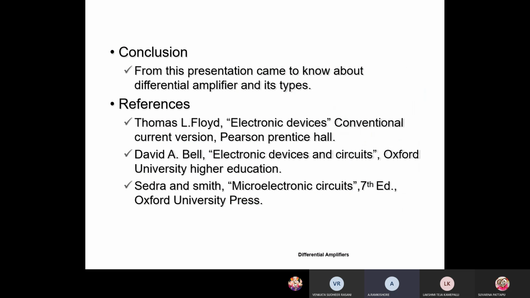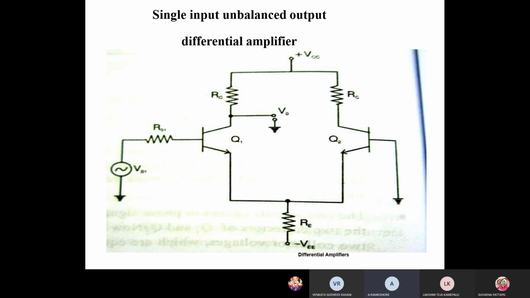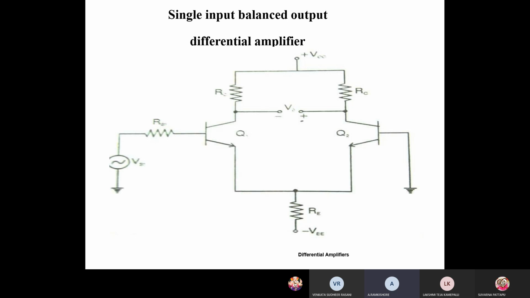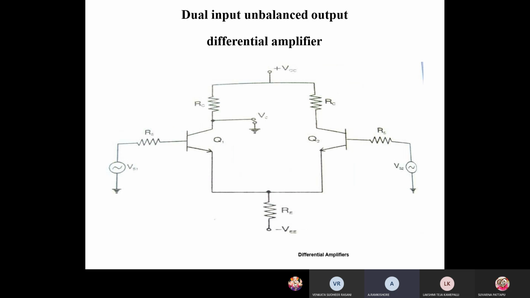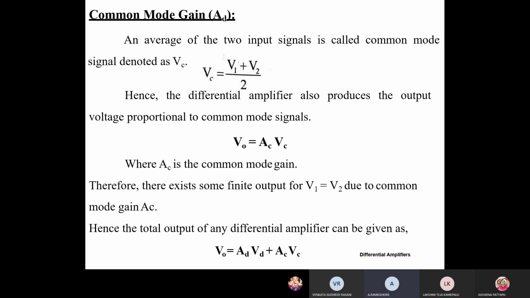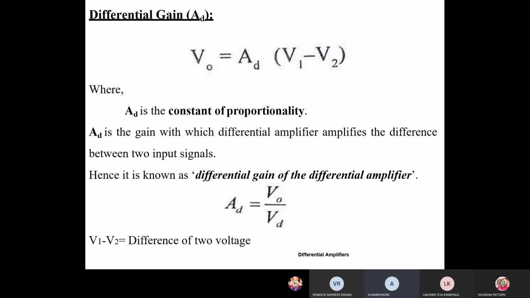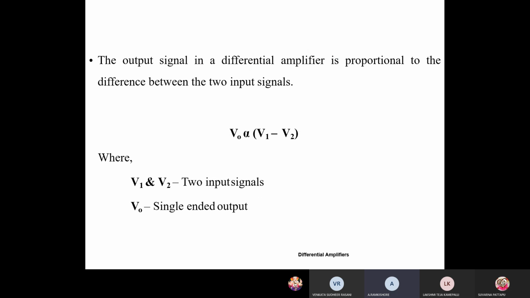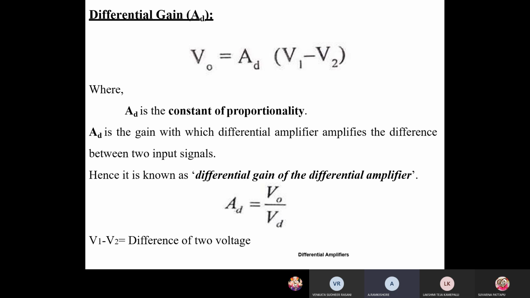So from this presentation we have learned about differential amplifiers and their types. The differential amplifier amplifies the difference between the two input signals. That difference is obtained in terms of three quantities: the differential gain, the common mode gain, and the CMRR.